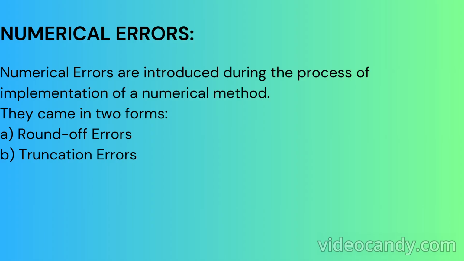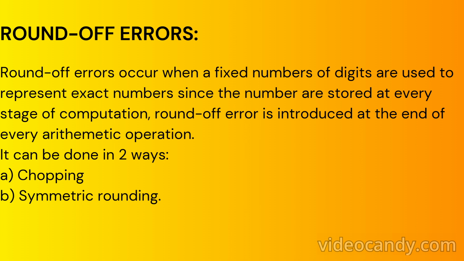After that, numerical errors are introduced during the implementation of a numerical method. They come in two forms: round-off error and truncation error. Round-off error occurs when a fixed number of digits are used to represent an exact number.